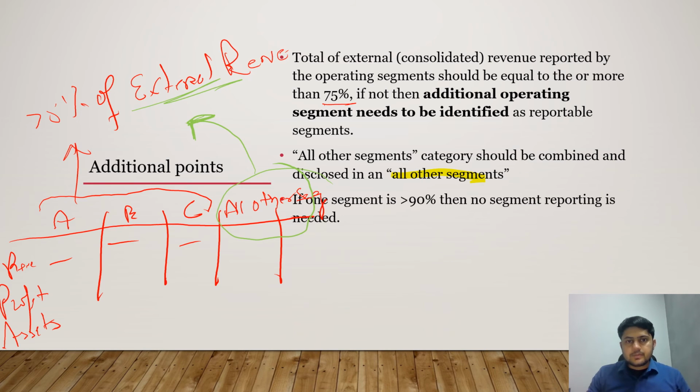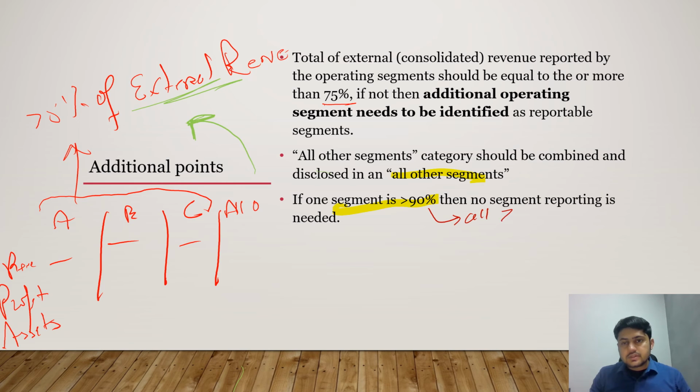Then moving on. Okay, the point here is if a single segment is more than 90% of all three criteria which we discussed in the previous slide, then no segment reporting is needed.